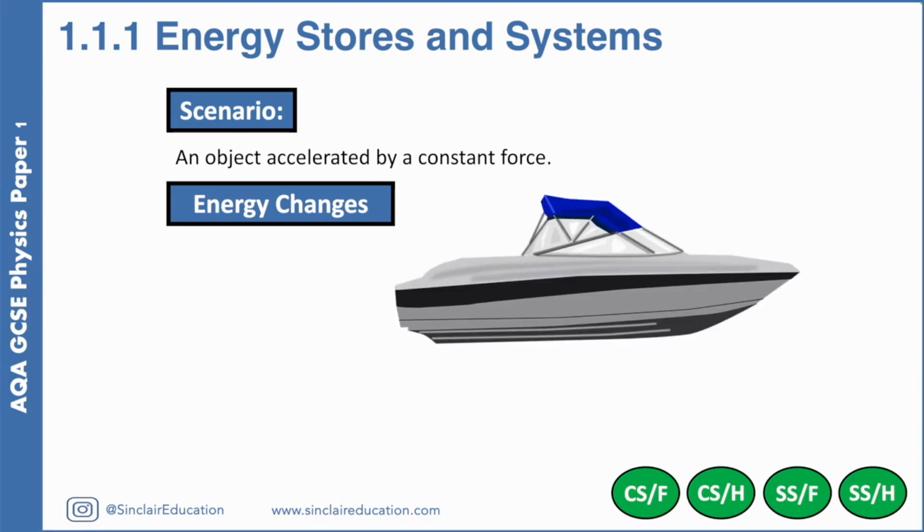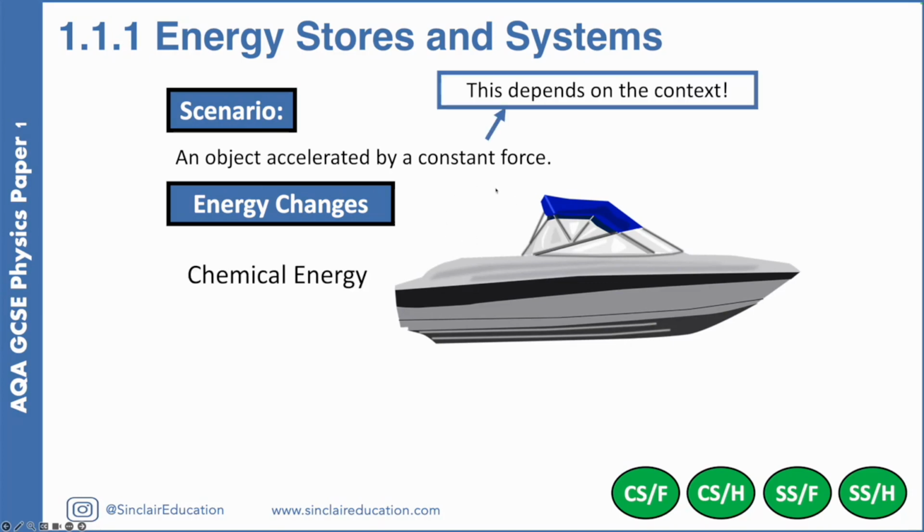We've also got objects accelerated by constant force, and this depends on the context. It tends to be either objects that have got a fuel supply that's wrong on the earth, or it could include something that's falling due to gravity. So in this scenario, we've got an object accelerated by a constant force.